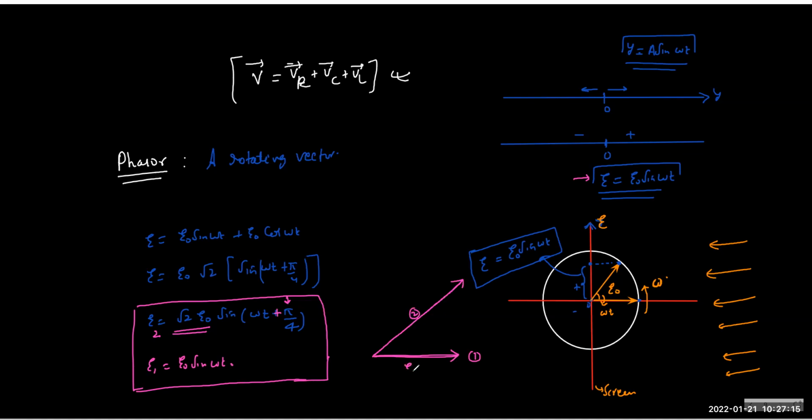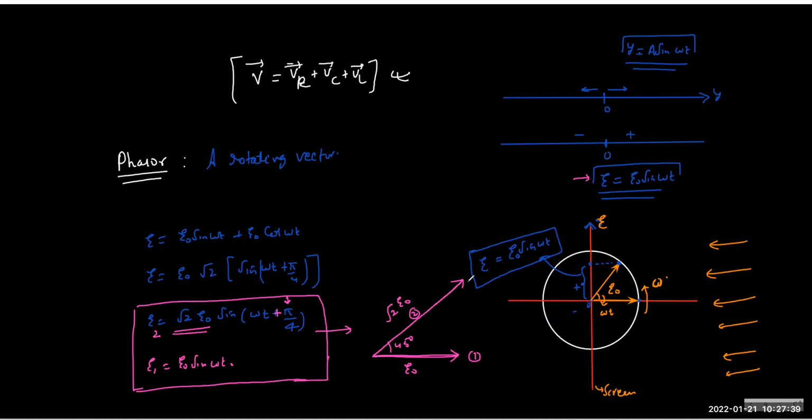So if this length is E naught, this is exactly the demonstration of a vector notation of phasors of various sinusoids. This is how we represent them. And now it's very easy for you to find the resultant.